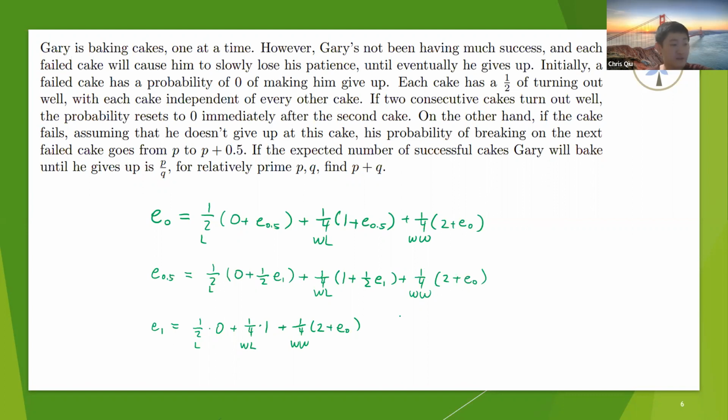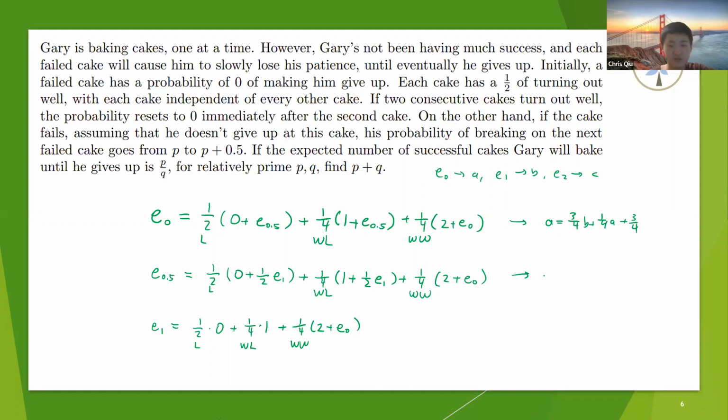And so now we have a system of 3 linear equations in 3 variables, which are E0, E0.5, and E1. And just to make our lives simpler, I'm going to rename E0 to A, E0.5 to B, and E1 to C. And once we write these equations out, this one becomes A equals 3/4 B plus 1/4 A plus 3/4.